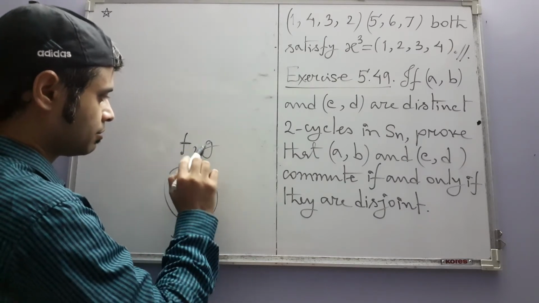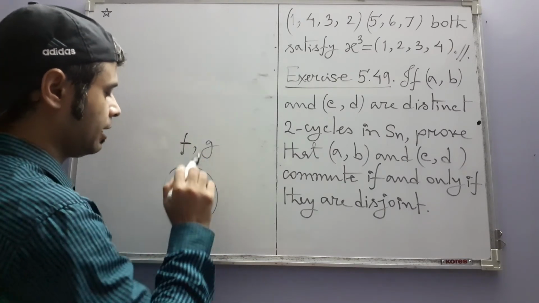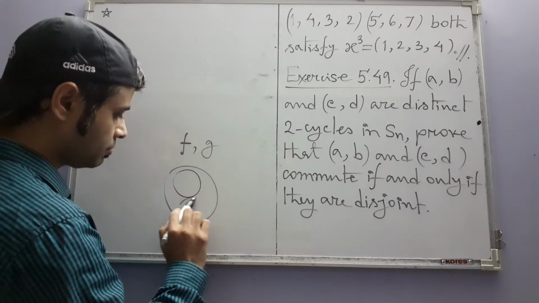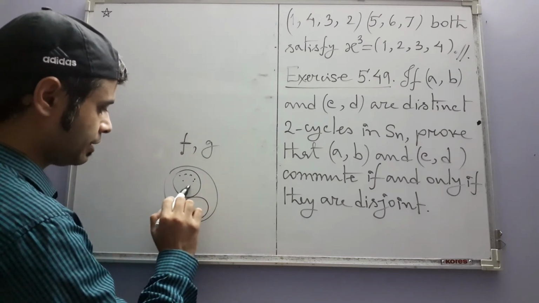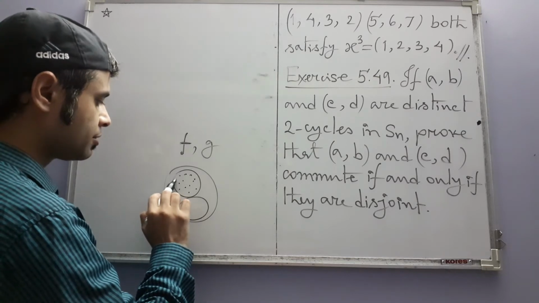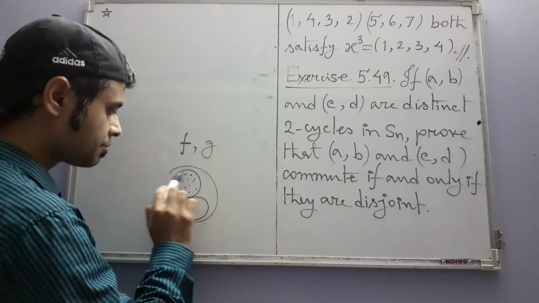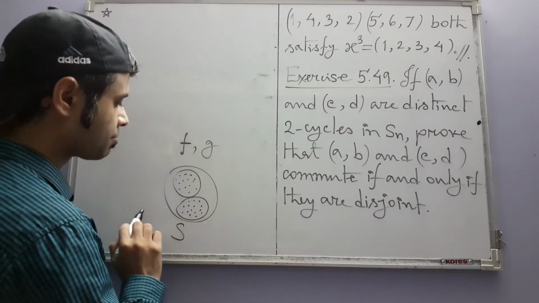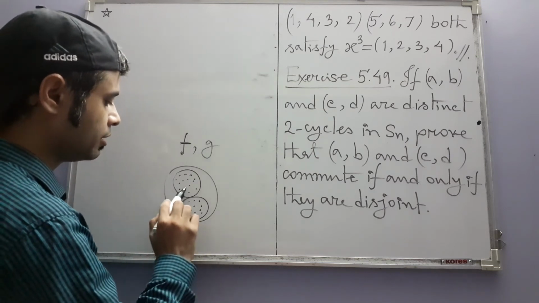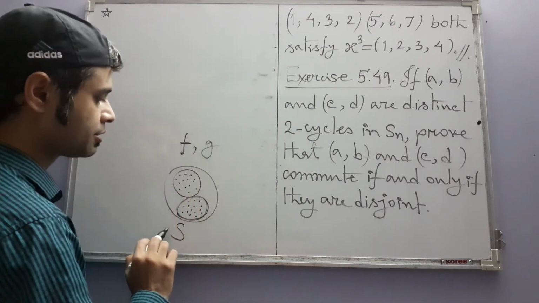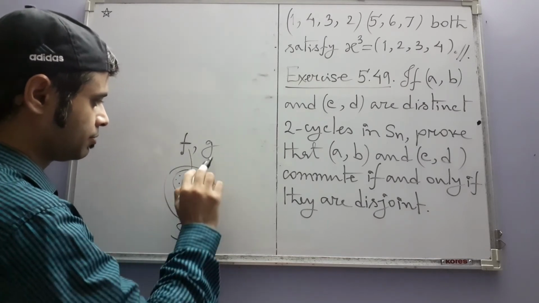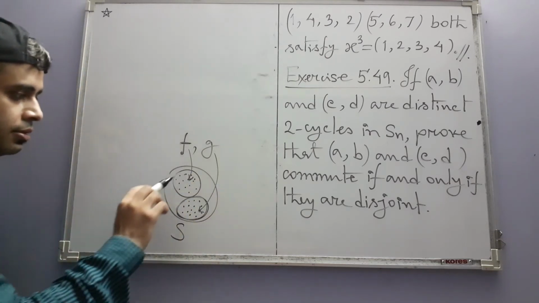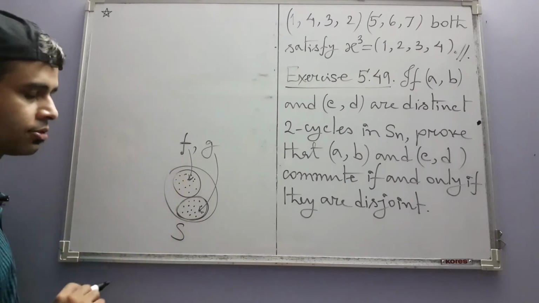So the fact that f and g act on different symbols means that f traps the elements in this part itself, and g traps the elements of this part in this part itself, and even more importantly, f does not affect these elements at all. So this is where f has its action. This is where g is doing something. g does not do anything here, f does not do anything here.